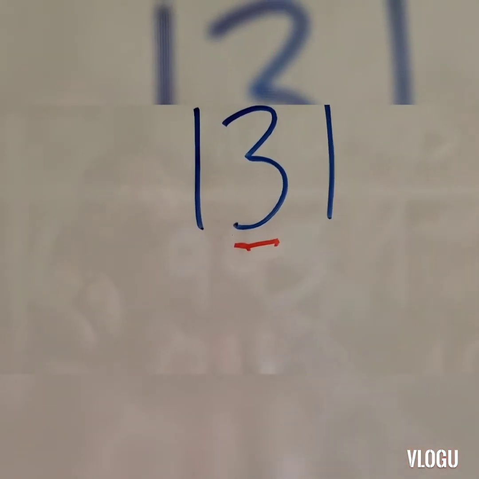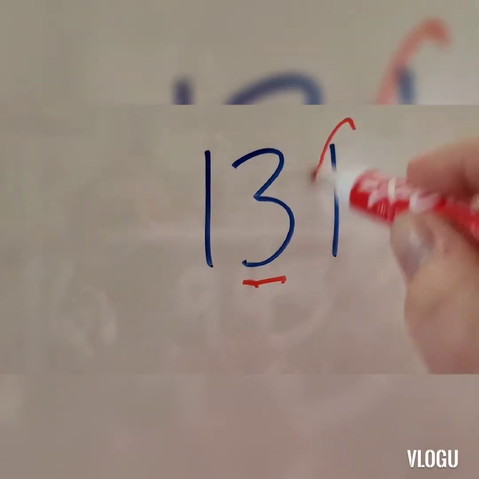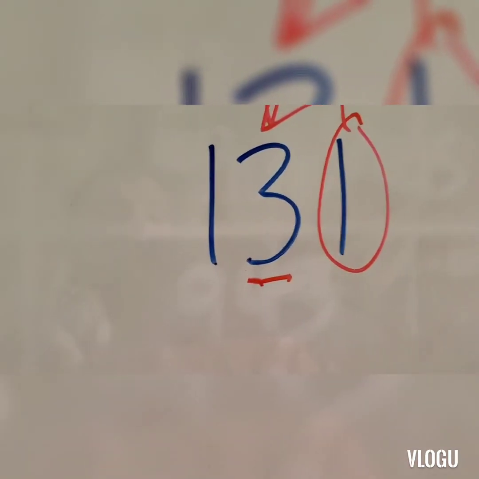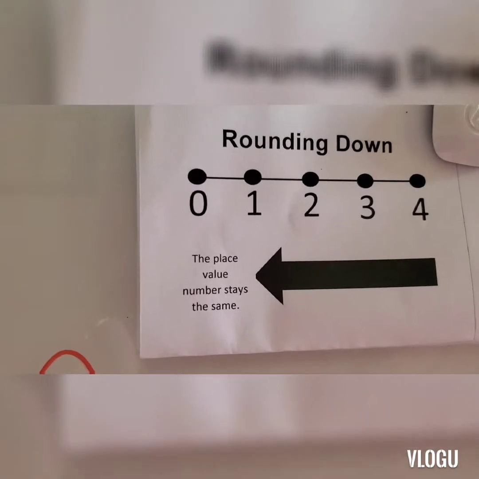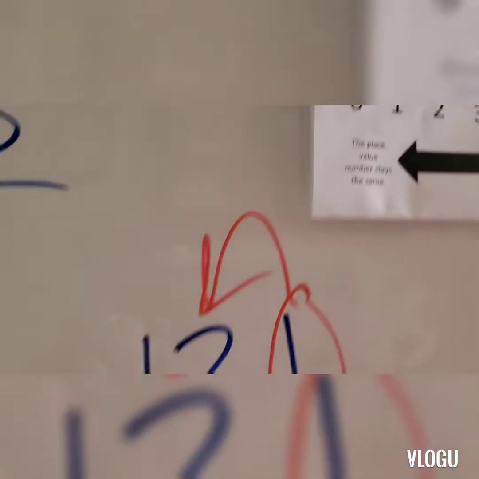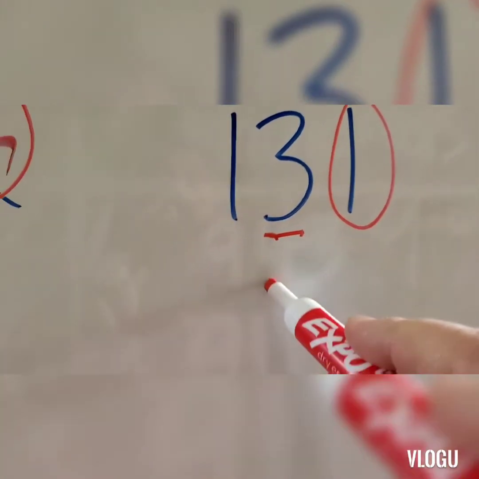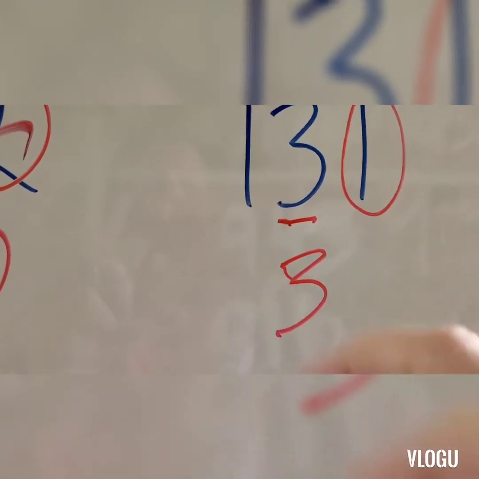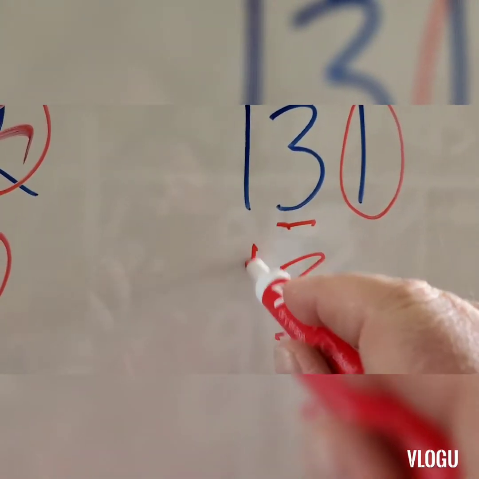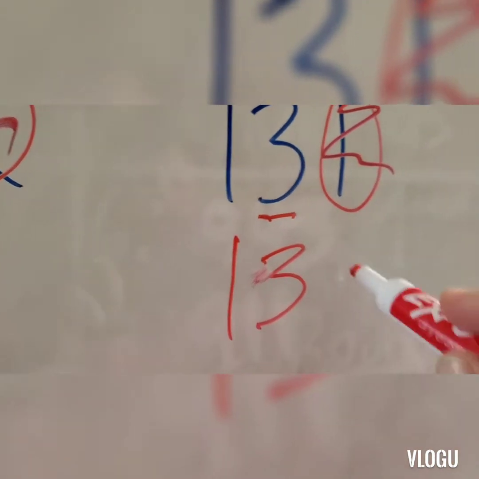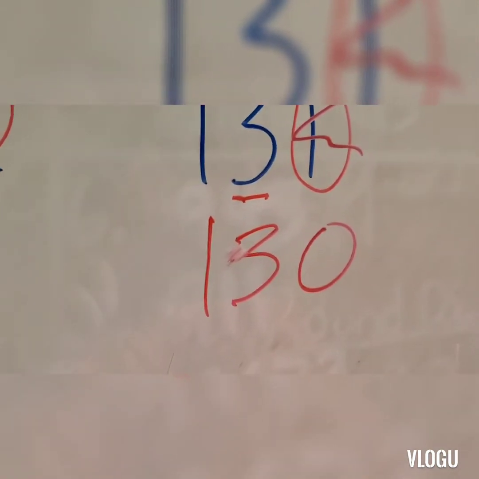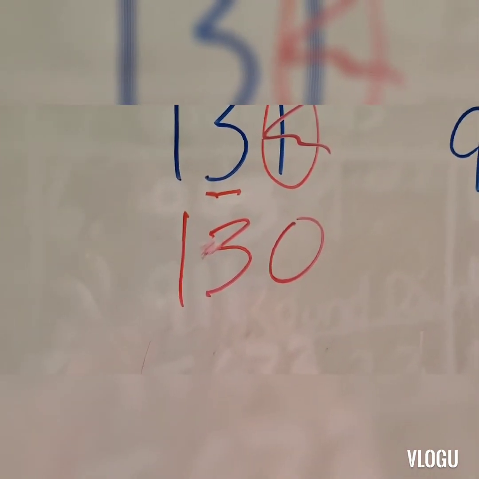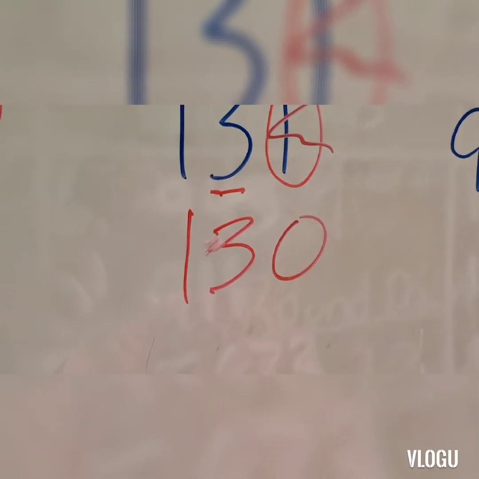Number 2, 131. 3 is in the tens position. The 1 has all the power. Consult the chart. I find the 1 up here, and it also says to round down. It's telling the 3 to stay the same. So 3 stays the same. 1 becomes a 0. The answer for number 2 is 130.